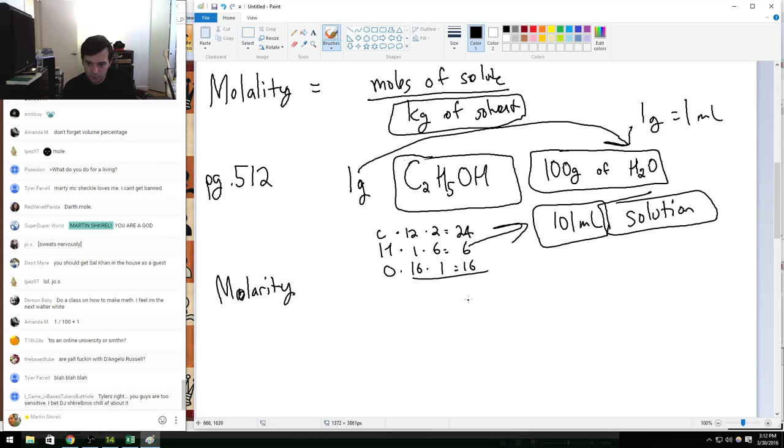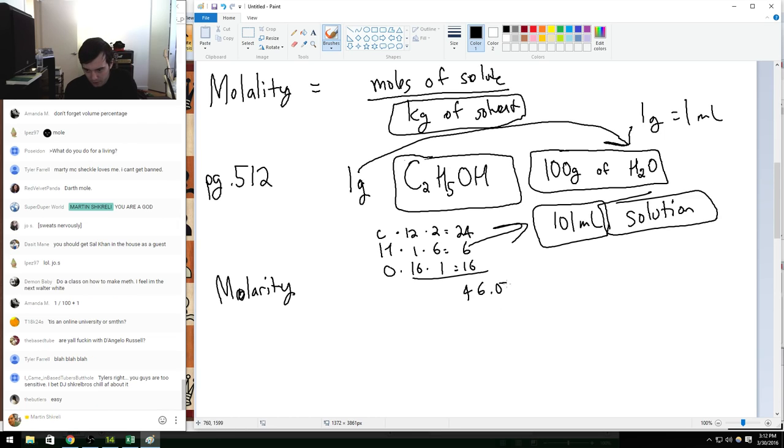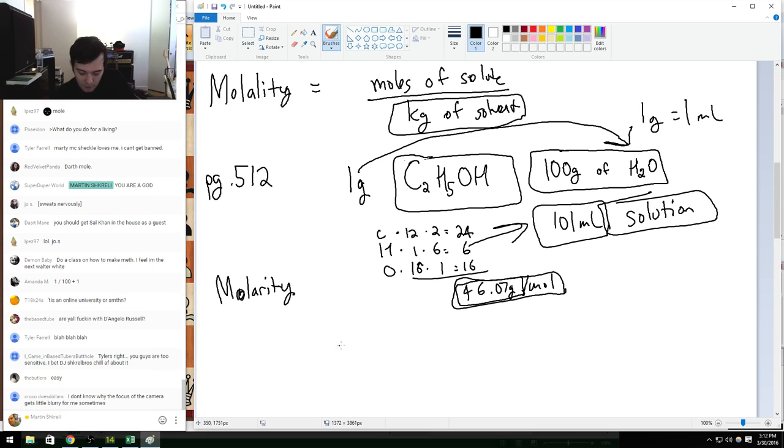So this is equal to 46. Is that about right? Yeah, 46.07 if you add all of the decimals. So that's grams per mole of ethanol. Anytime you drink a beer, you can say, well, the ethanol in this beer is 46.07 grams per mole. And whoever your bartender is will stop serving you, I would imagine.